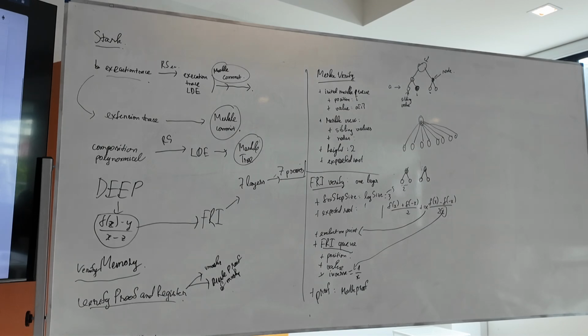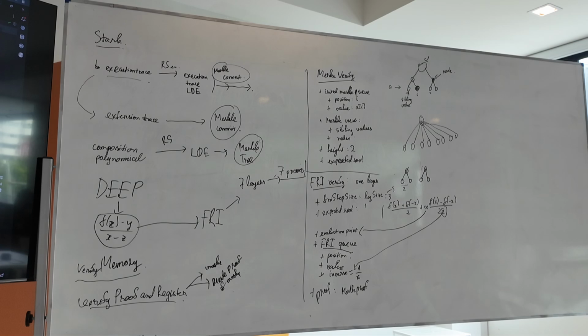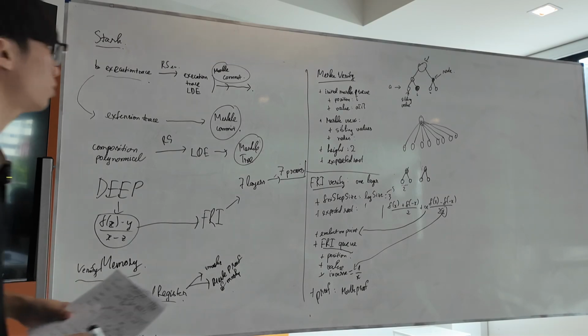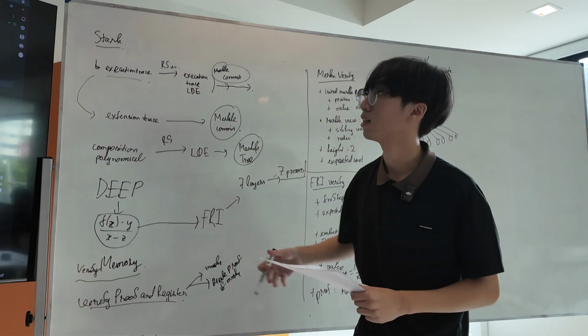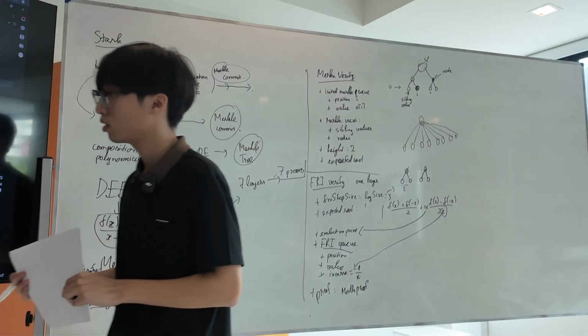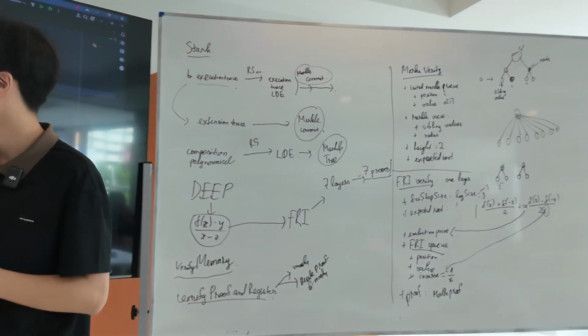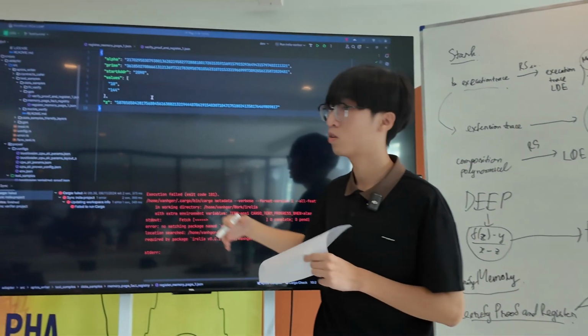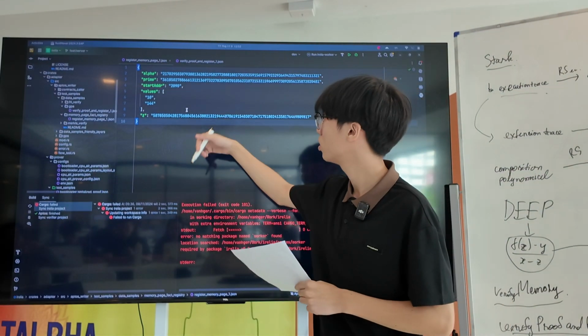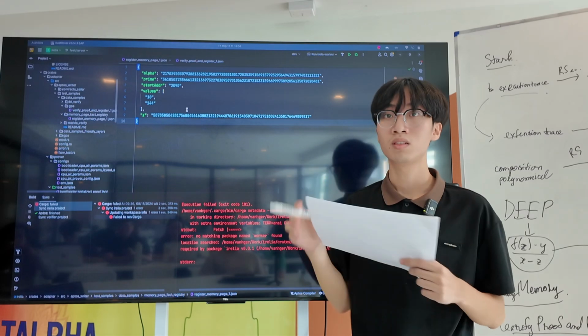So next we have register continuous batch. Here, for example, you can see that because of the memory used in the Cairo prover, we need to put it into continuous form.